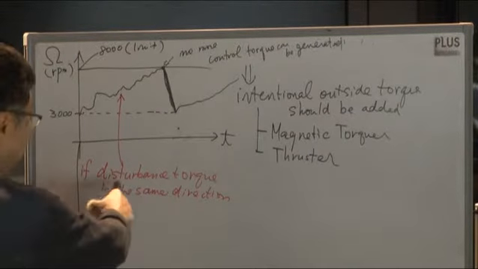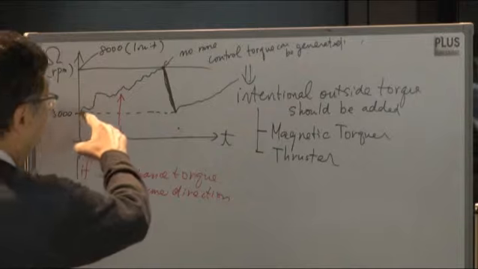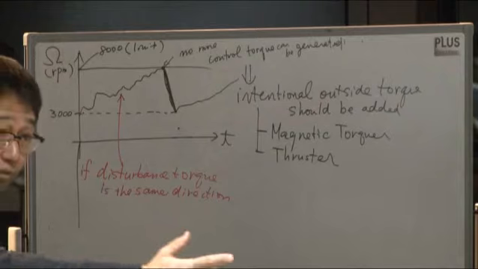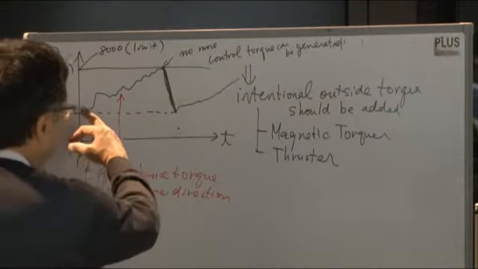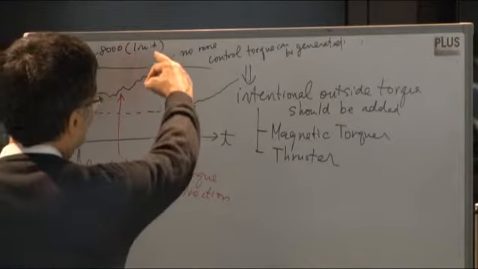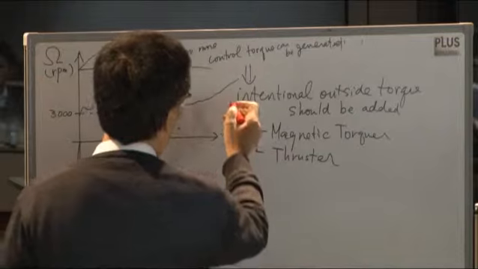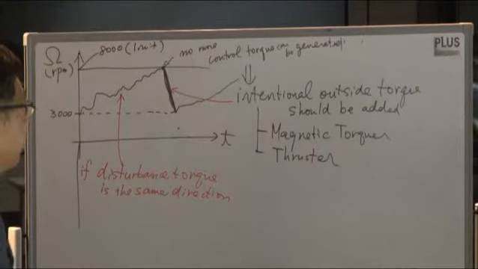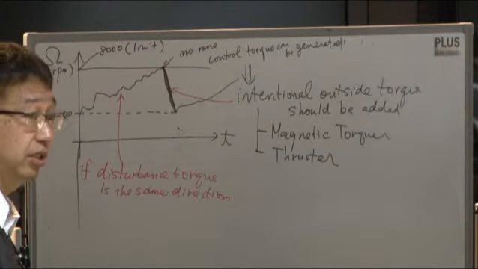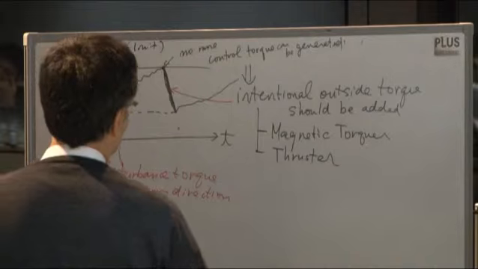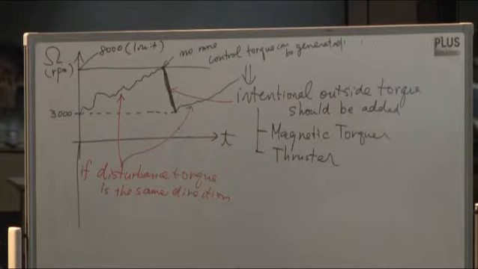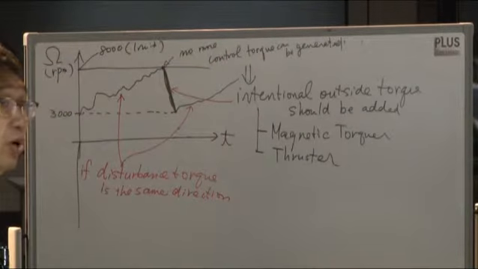But if the disturbance torque is almost always in the same direction, then in order to deal with this disturbance torque, the internal wheel speed grows up in one direction. At this point you can add intentional outside torque, then the speed will get low. And again, if the disturbance torque comes in the same direction, then the wheel speed grows up again.